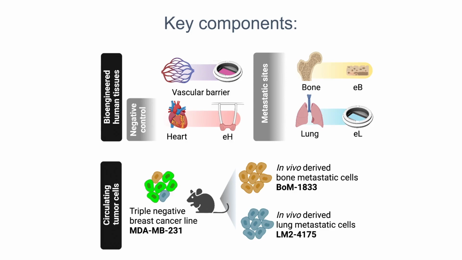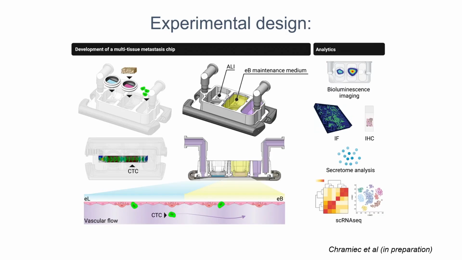Some invade bone and some invade lung. He would then isolate these bone metastasis cells and put them into a second mouse. And after several cycles of this kind, he gets a population of cells, BOM 1833, that are bone metastatic cells. So when you put them in an animal, they only go into bone. And the same story with the lungs. So we had this universally metastatic line, and then we had these two tissue or organ specific lines.